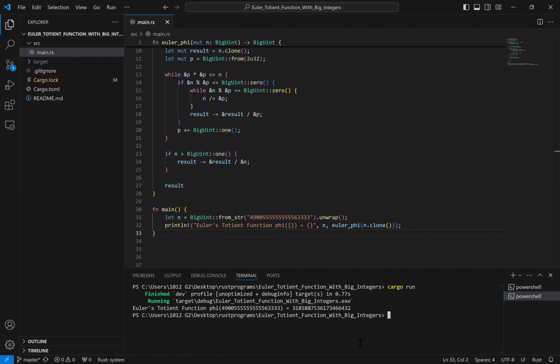If the number is too huge, it will continue running, even up to tomorrow or the day after. If you just give it time, it will run and give you the result after that period. But it will not fail to run. So you can see it has given us a number here.